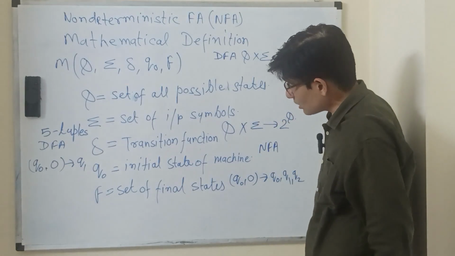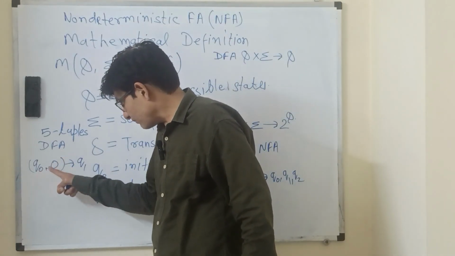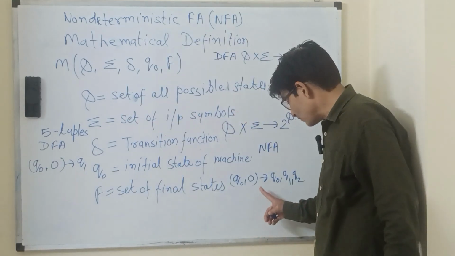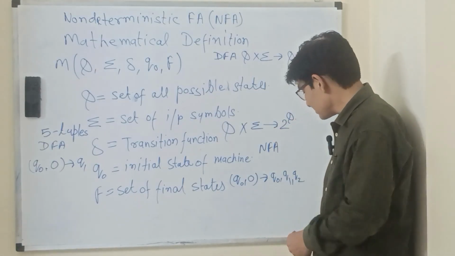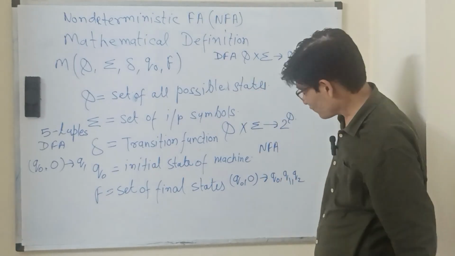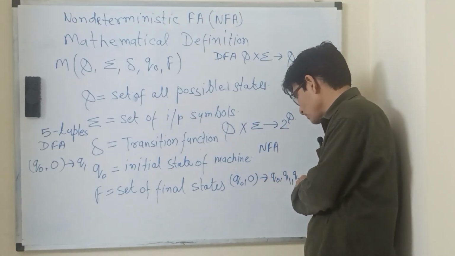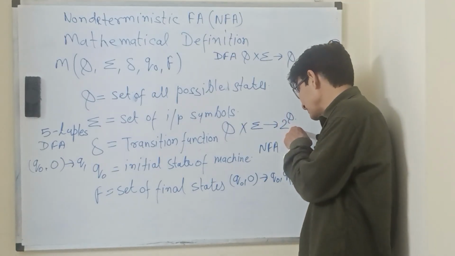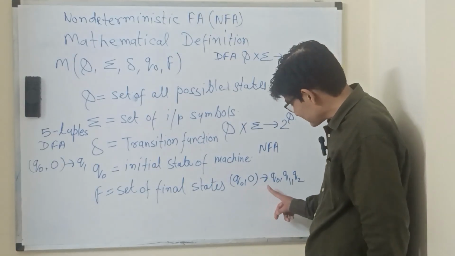So for DFA, we have only one state at the right hand side. But in case of NFA, we can have more than one state at the right hand side. That means this is any subset of Q, and the set of all subsets of Q is the power set, so we have represented this as power set of Q. So this is the difference.